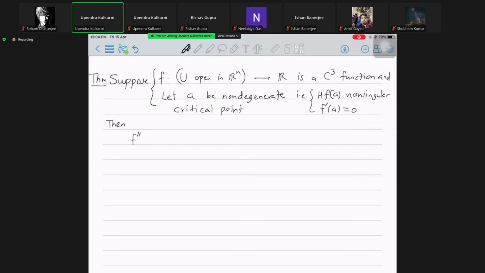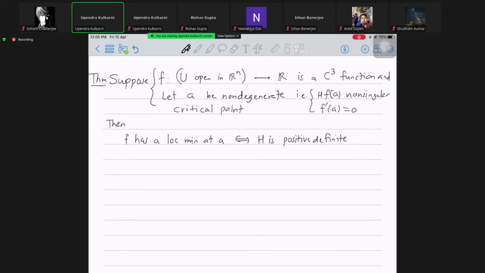We already saw the one variable version, so I will not repeat it. F has a local minimum at A if and only if H is a positive definite symmetric matrix.